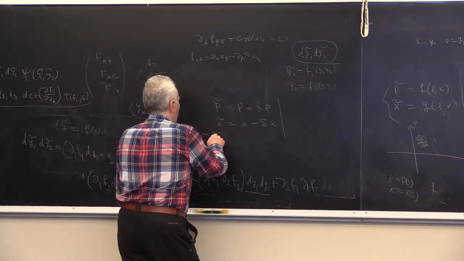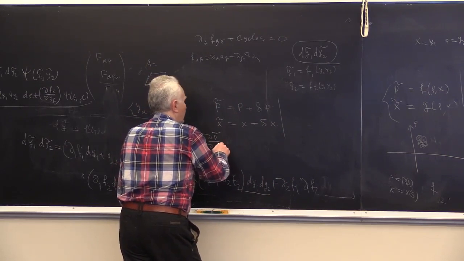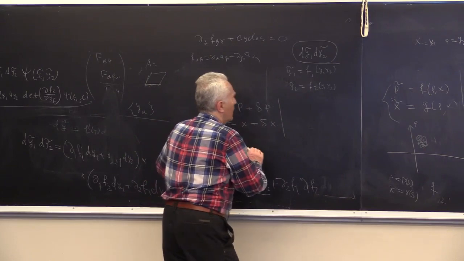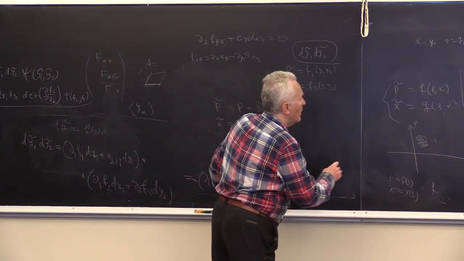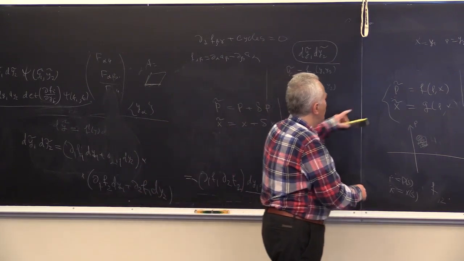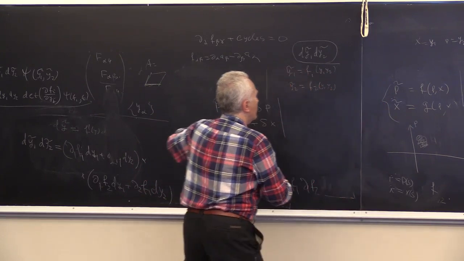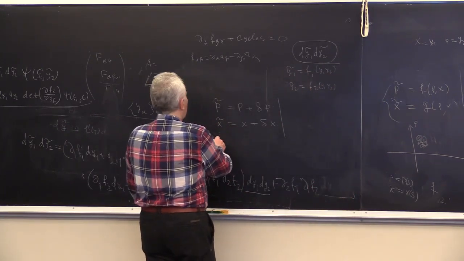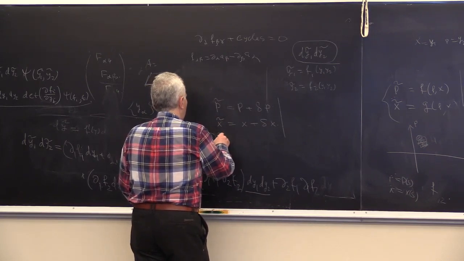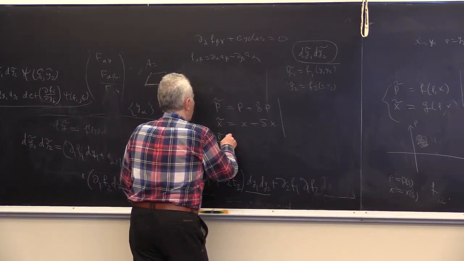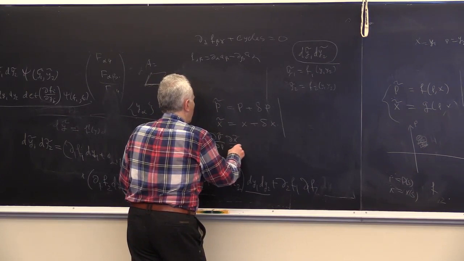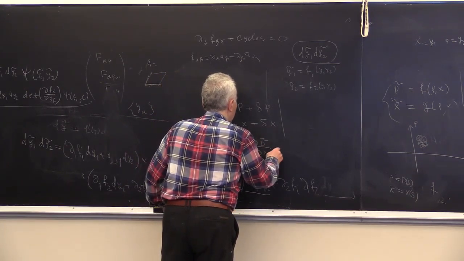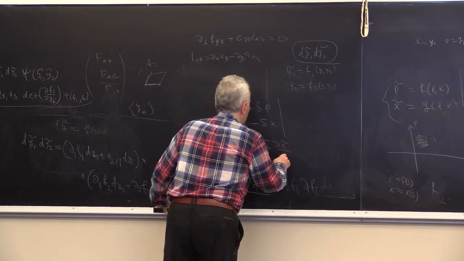We have to write down the condition that dp̃/dp dx̃/dx minus dp̃/dx dx̃/dp equals one.